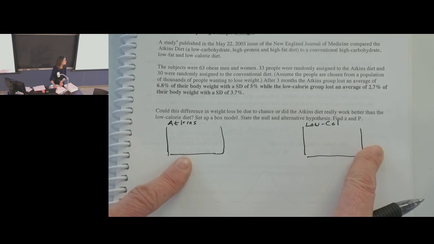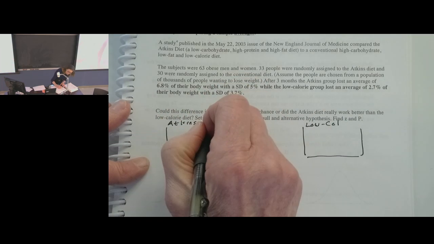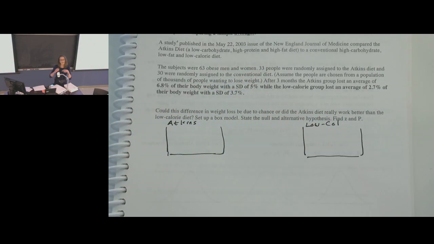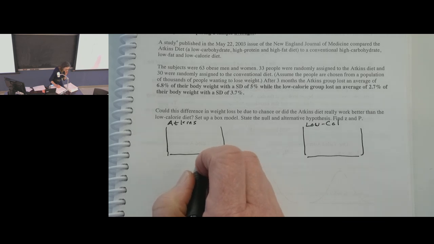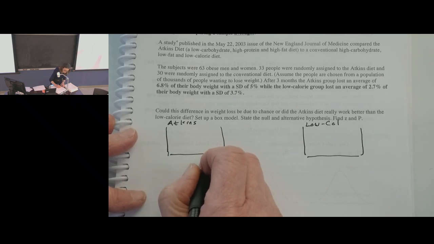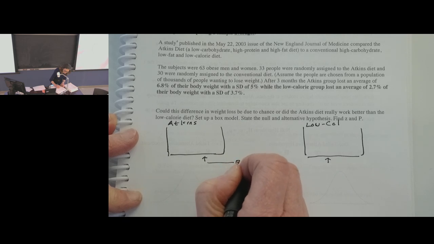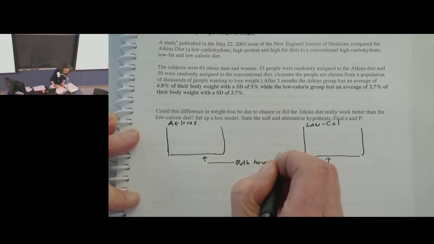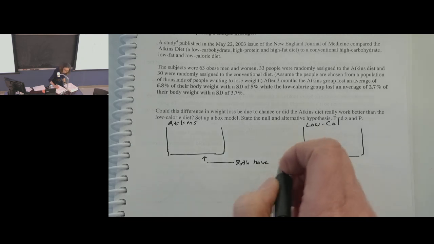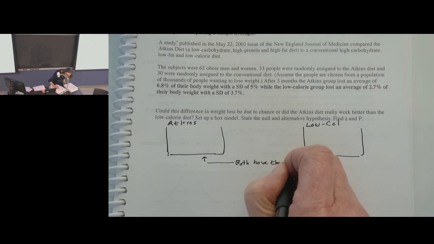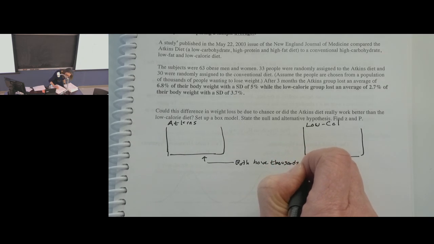And they each have a box, and these two boxes represent the entire population. In both of these boxes, there are maybe thousands, it doesn't really matter, thousands of tickets.